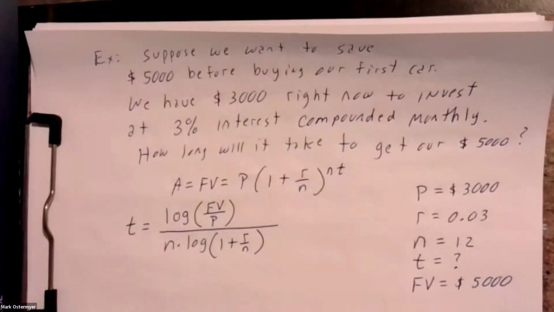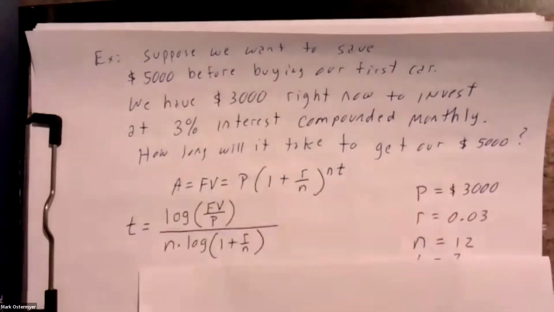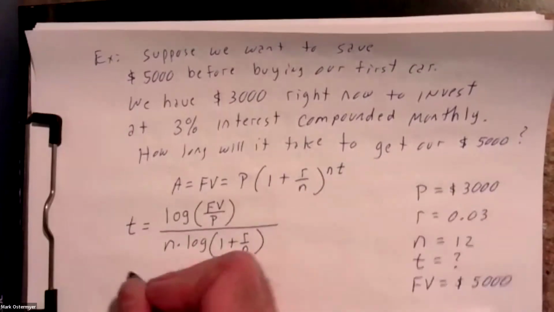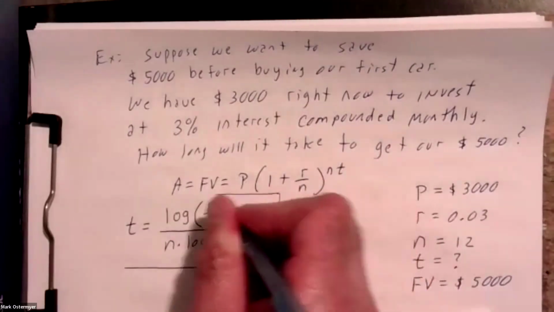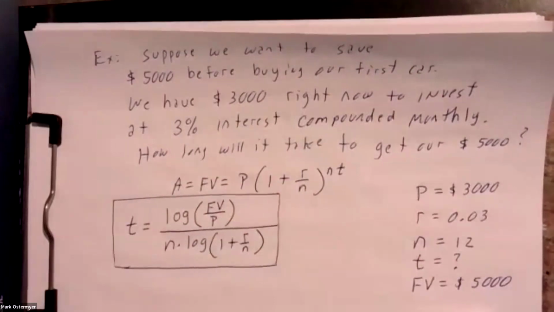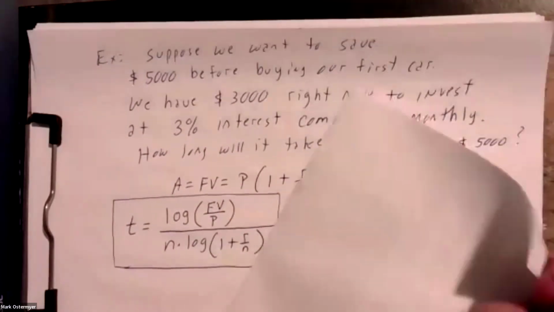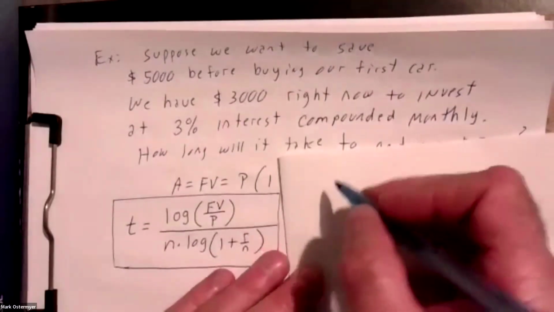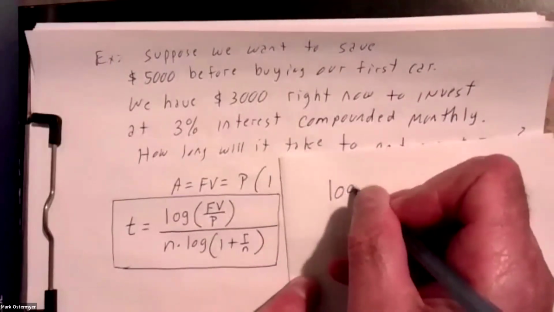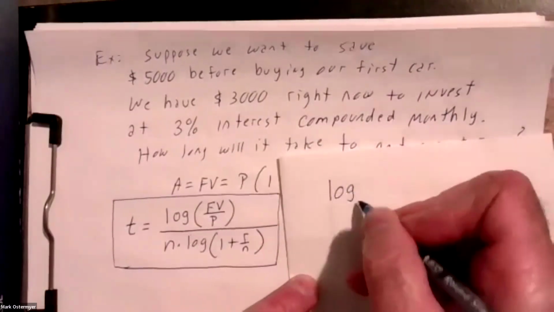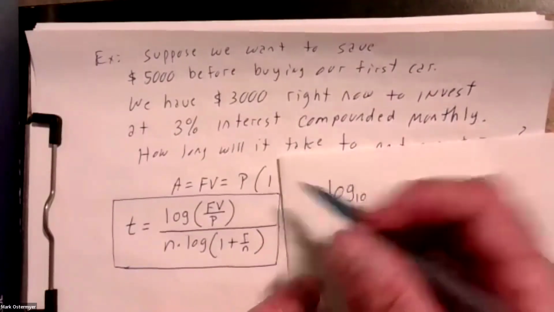Now, you could kill a whole session talking about logarithms, and we don't have that time. So just to give you a quick taste of what a logarithm is: a logarithm is an exponent. If you see log, it's understood to be your base 10 logarithm, our common log.